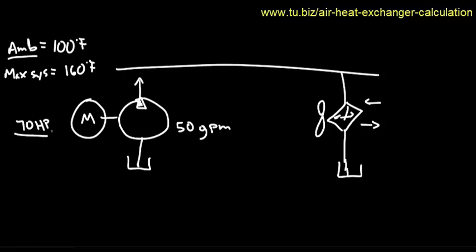Why? Because that's the maximum installed power that we have in the system, and 25 to 30% of the horsepower can be translated into heat in the system. So what I normally do, I'll say 70 times 0.3 equals 21 horsepower. 21 horsepower, that is the magic number that we're going to use.